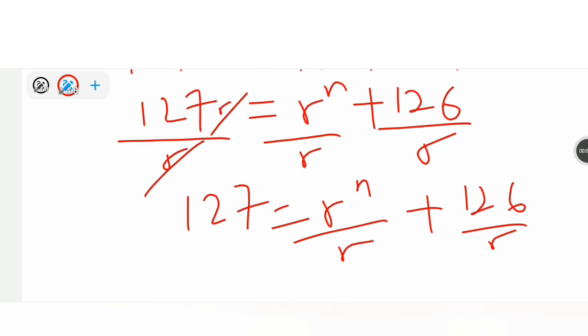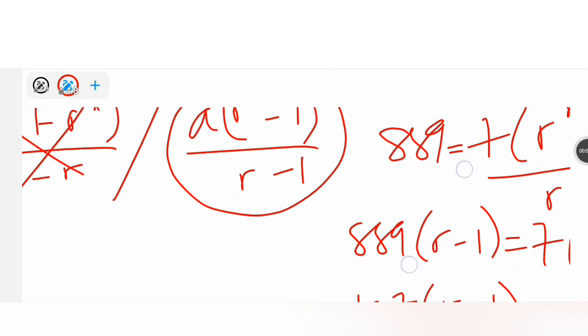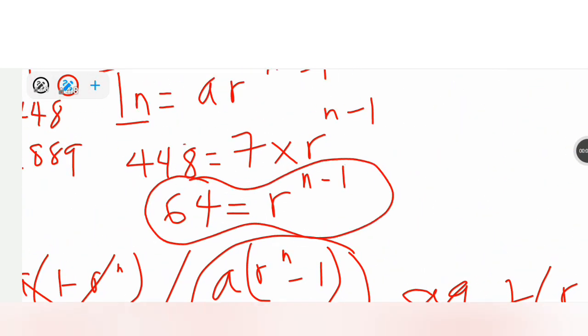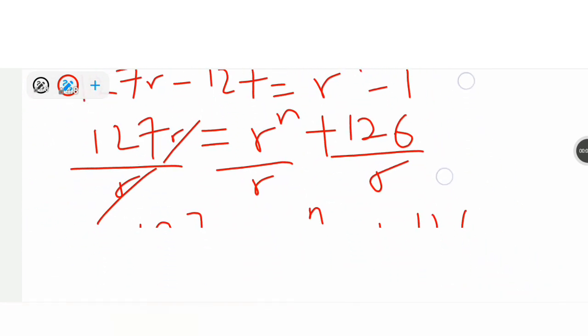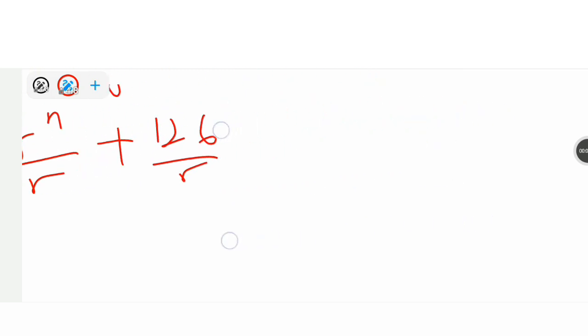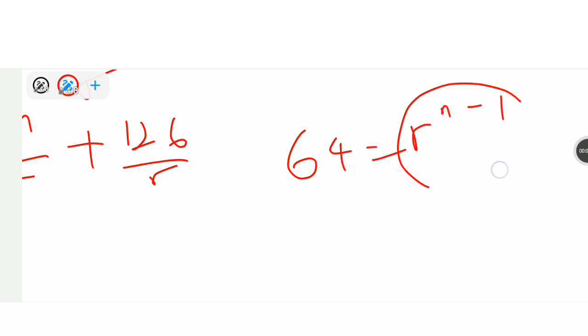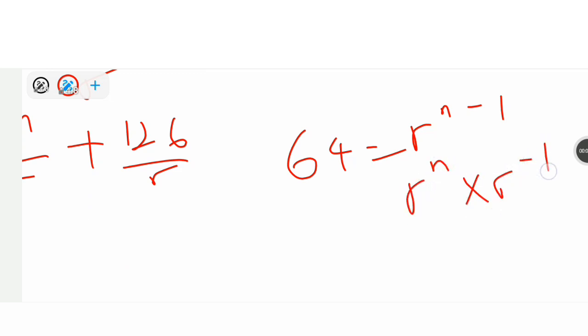But there's an answer we got the first time. If you can remember, let me go back to it so you can see it. The answer is 64 equals r^(n-1). There's a way to relate it to this formula. There's a way to write this in indices, because times means plus.